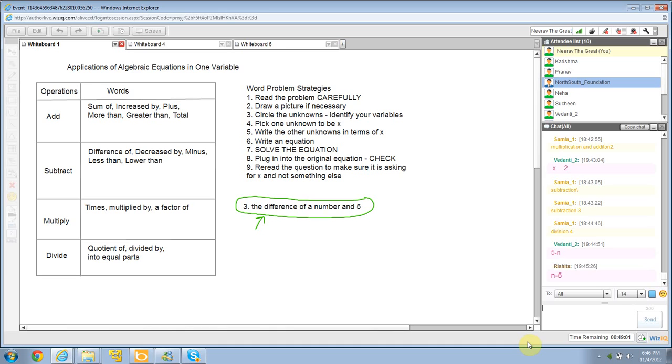Okay, so only 2 more people to vote. Actually, sorry, 3 more people. Still need 3 people to vote, I believe. Oh, okay, 1 more person. Okay, so everyone's voted.